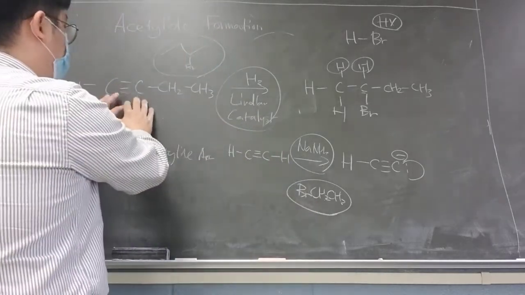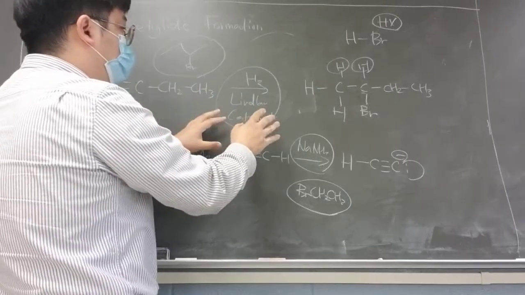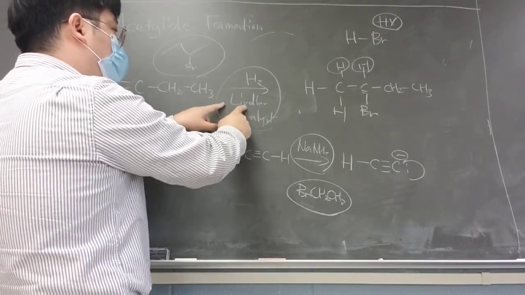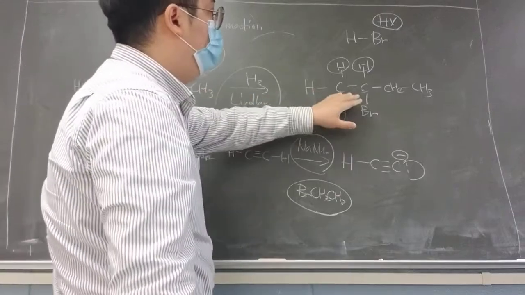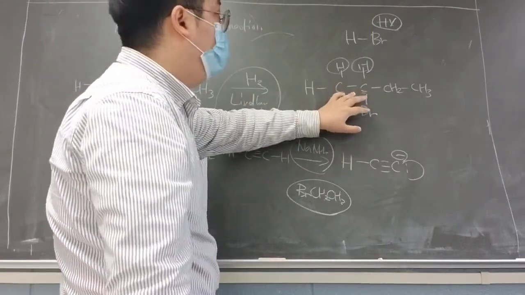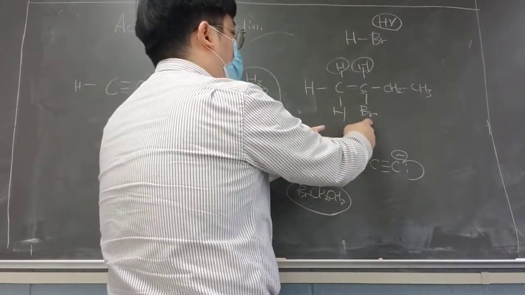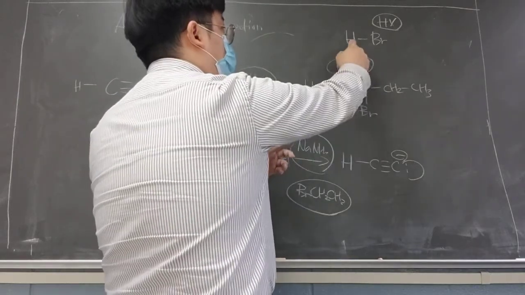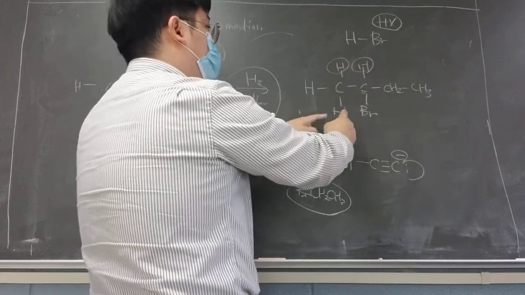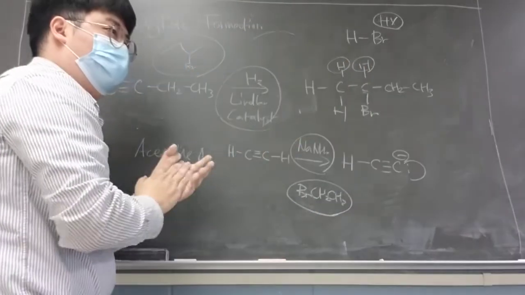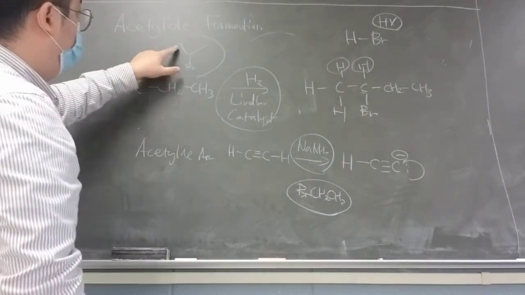And then once you have a triple bond, just treat it with not the regular hydrogenation catalyst, but Lindlar, so you can stop at the alkene compound. And then the alkene can be treated with HBr, hydrobromic acid, which will attach where it's the more substituted carbon because it follows the Markovnikov rule. So you can have this one.